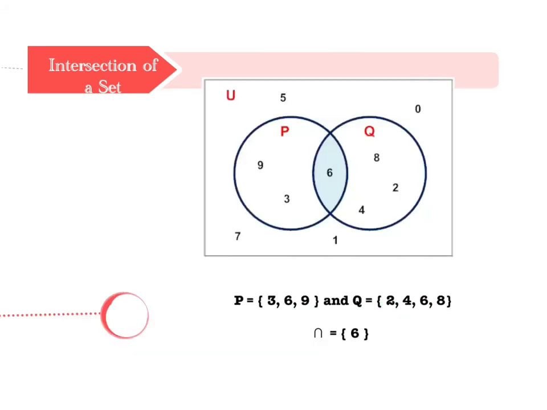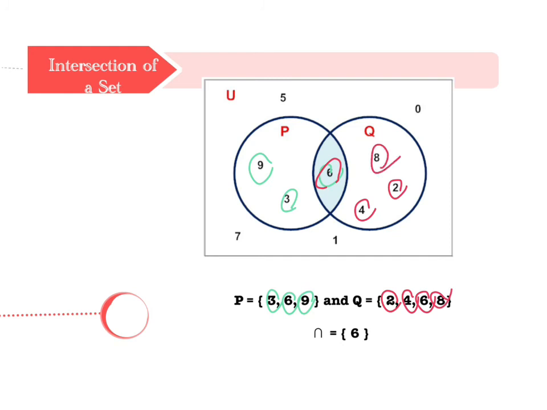Let us have an example of an intersection of a set given a Venn diagram. So we have here two sets, set P and Q, in where set P have the elements 3, 6, and 9. Okay? And then set Q naman have the elements 2, 4, 6, and 8.